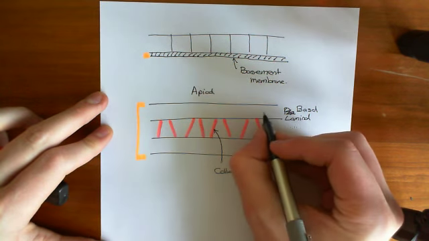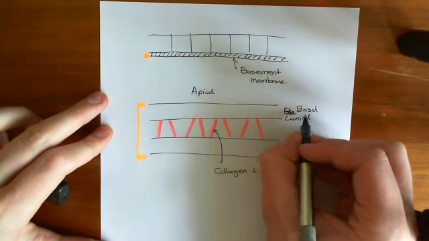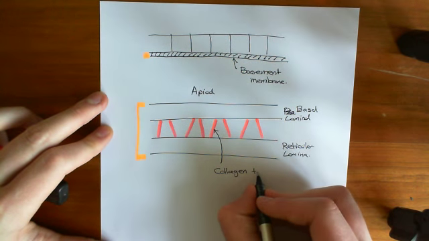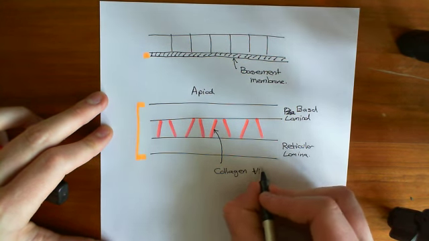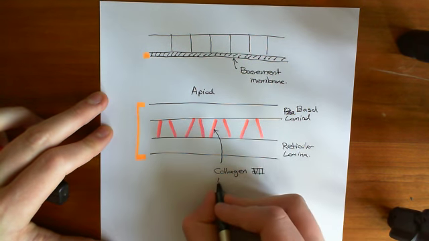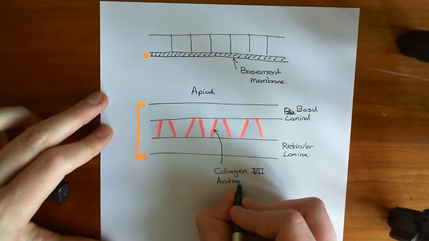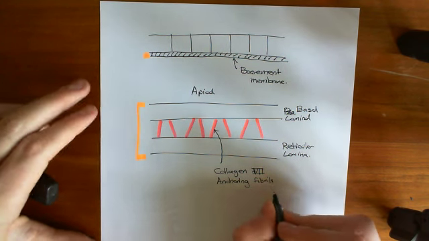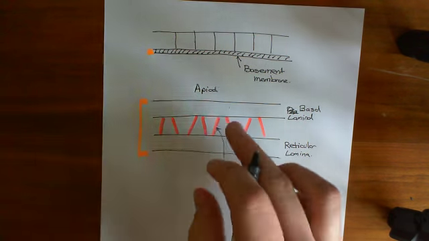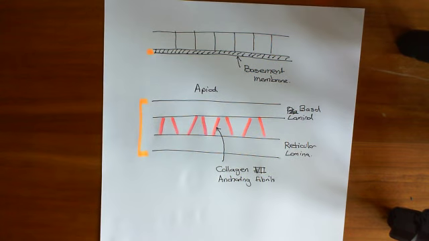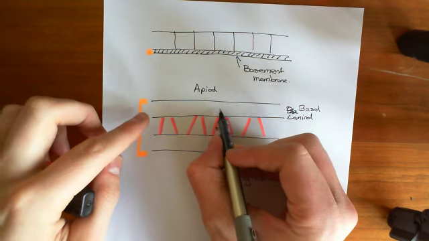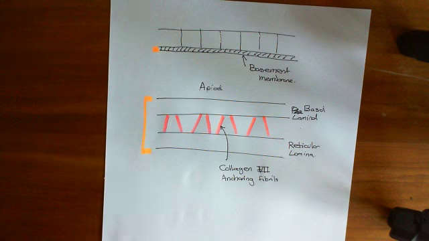So these two layers, the basal lamina and the reticular lamina, are connected by these collagen type 7 anchoring fibrils. Collagen is a protein. It's a big long protein structure like this. So it's a linear chain of amino acids, and it will bind to this bit, and it will bind to this bit, and it'll hold them together.